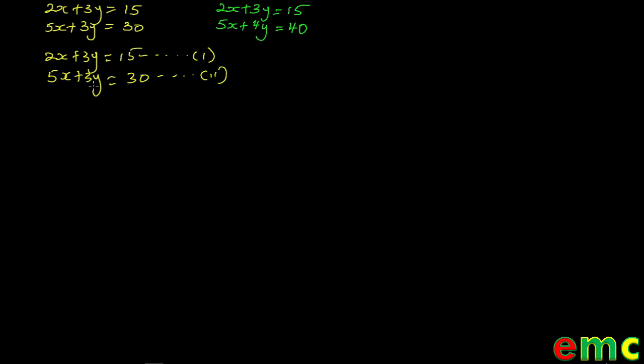So using the elimination method, the first step is we find a way to equate the coefficient of one of the unknowns, so that either by addition or by subtraction, we'll be able to eliminate that unknown. If we look at this example, y has the same coefficient in both equations. In the first equation, y has 3 as its coefficient, and it also has 3 in the second equation.